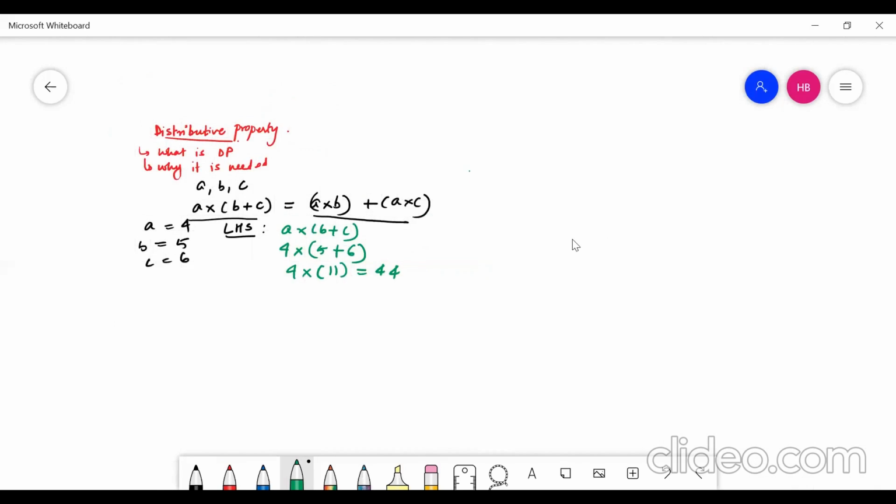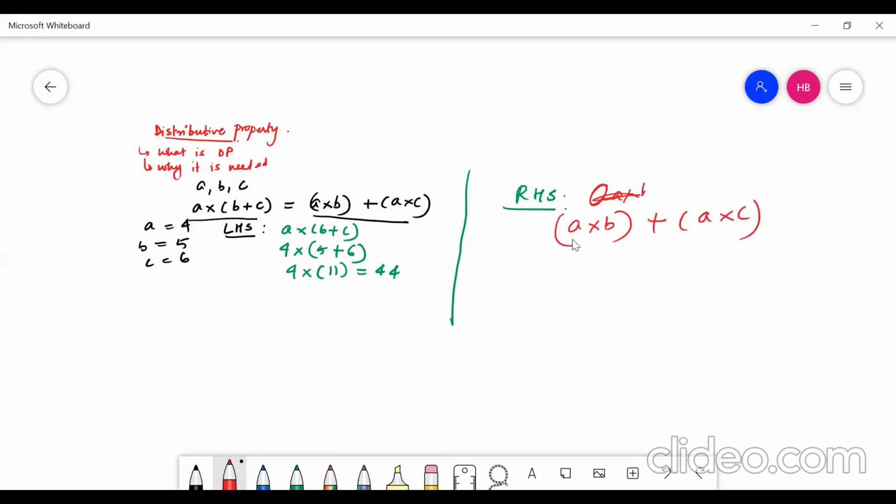This is my LHS value. Now let's try to solve RHS. My RHS is A into B plus A into C. Now let's put the values of A, B and C. So my A here is 4, B is 5, 4 into 6. 5 fours are 20, 6 fours are 24.